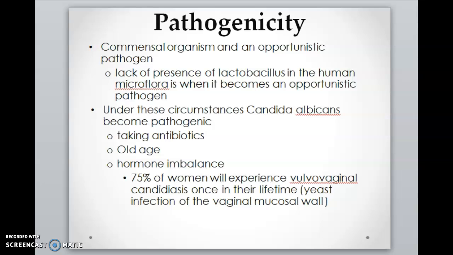Candida albicans becomes pathogenic under these circumstances: if a person is taking antibiotics, if they are elderly, or if there is a hormone imbalance. So 75% of women will experience vulvovaginal candidiasis once in their lifetime. So that is a yeast infection of the vaginal mucosal wall.